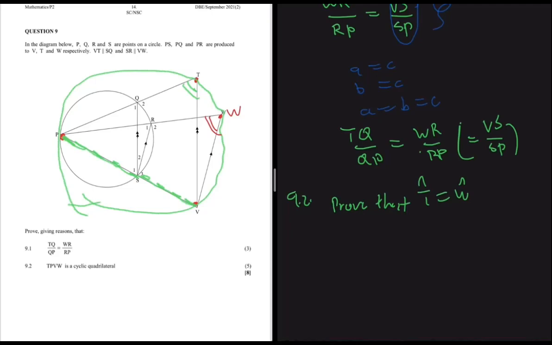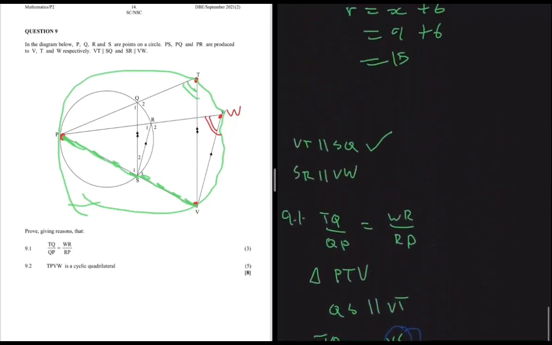So let's find a way to connect T and W using the circle we already have and our parallel lines. Let's go back to the keywords again, because we agreed that for this question, we're only going to stick with the keywords, right? All questions on Euclidean geometry, you stick to the keywords and nothing else.